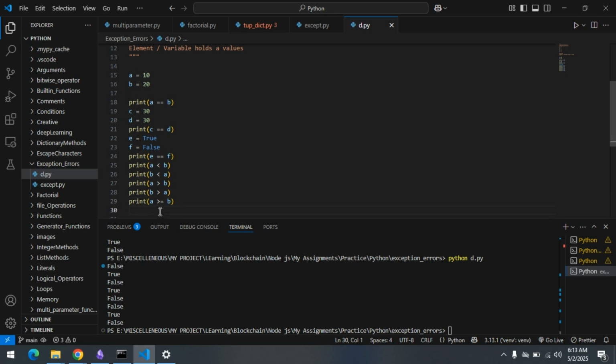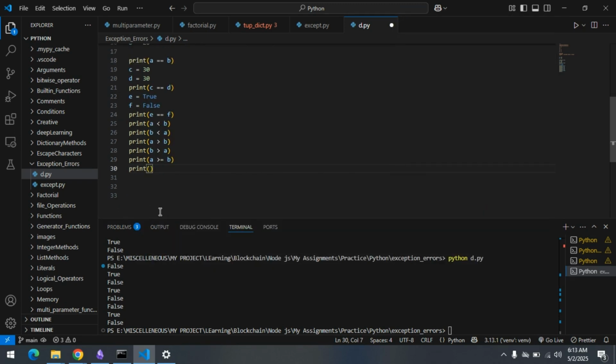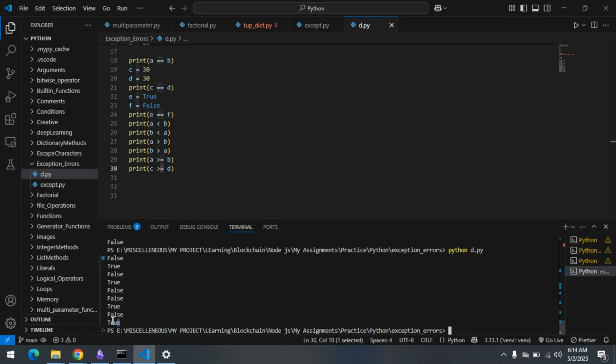Okay, so now let's check C is greater than or equal to D. Now we know that they're both equal, and neither of them is greater than the other one, right? But it's still going to return true because the other comparison operator returns true. Let's check. And there you go, it's true.